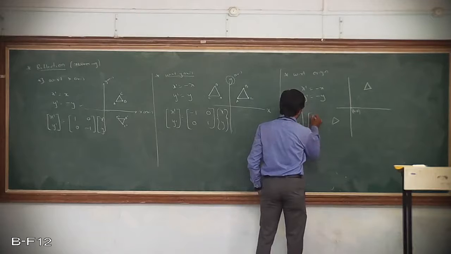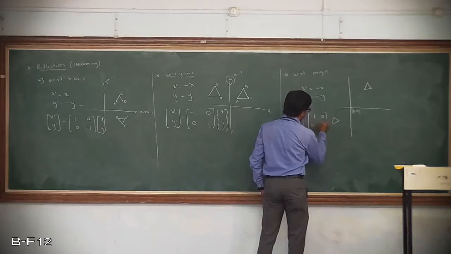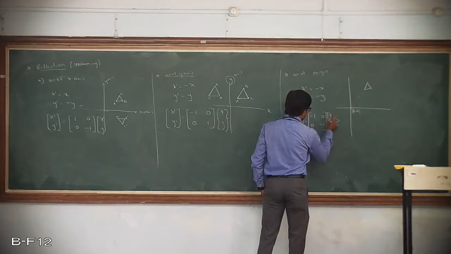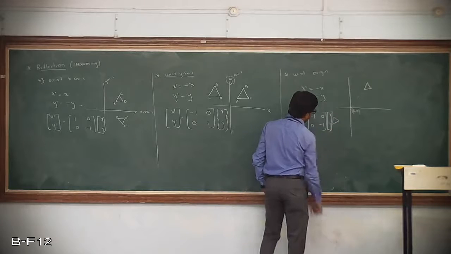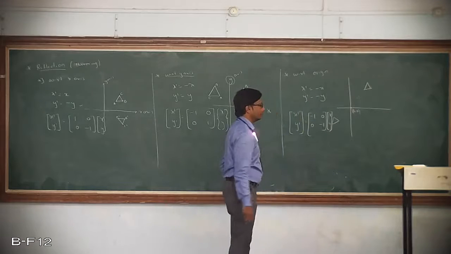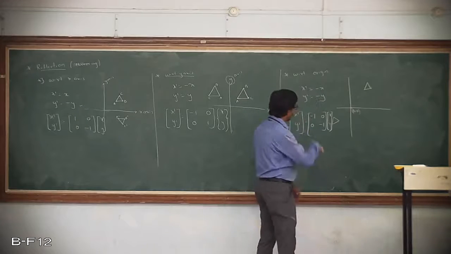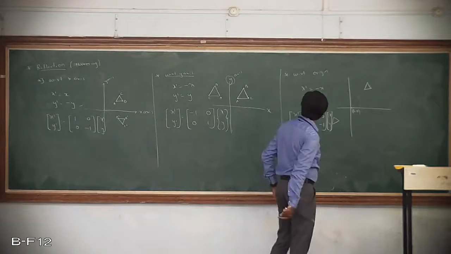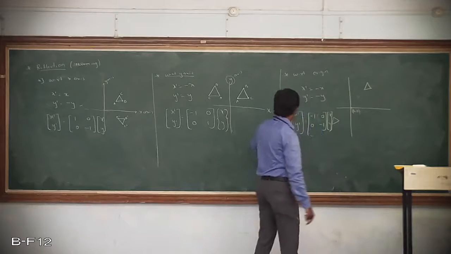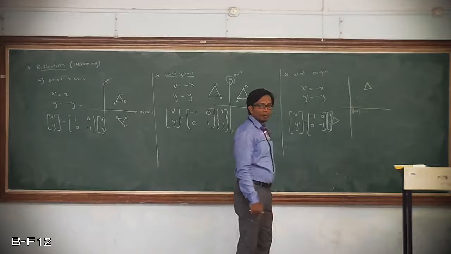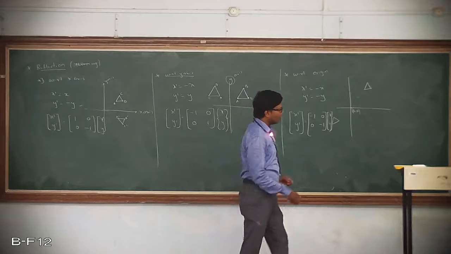It will be minus 1, 0, 0, minus 1, times X and Y. Is it clear? I hope it is clear. When I want to reflect it through an origin, this will be the reflection matrix.